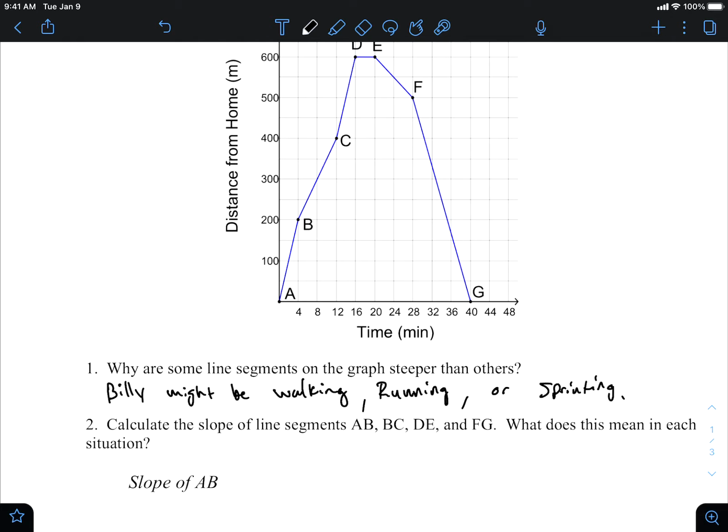This is where I think things get interesting. Opal mentioned speed, but we didn't talk about how we could extract speed from this graph. Kenneth? Distance divided by time. I think you've all ridden in a car before, or a bus, and on the sides of roads there are signs that tell you to do what?